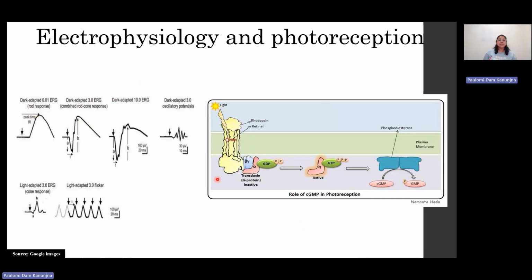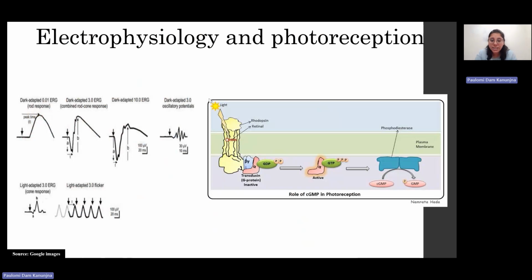So you need to remember this difference between the electrophysiology and the photoreception with respect to the visual system. I'm not going into detail considering the lack of time, but please do look into electrophysiology. It is not following the usual pattern that we have been studying so far.